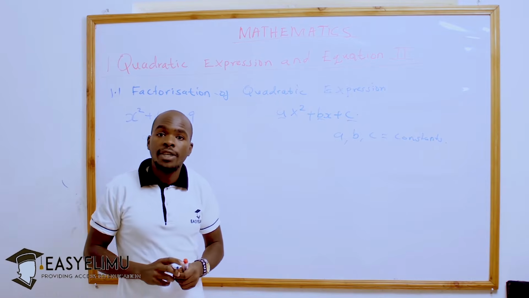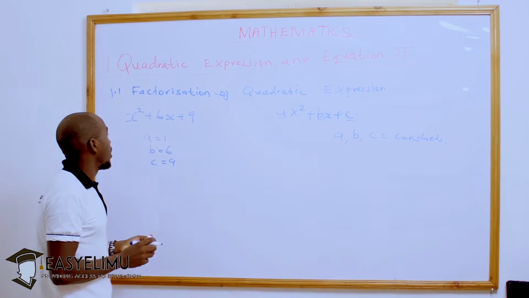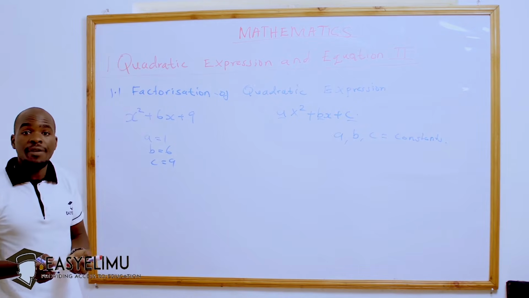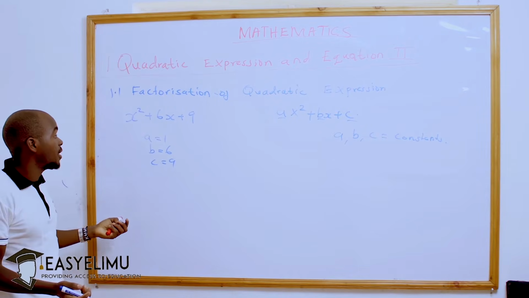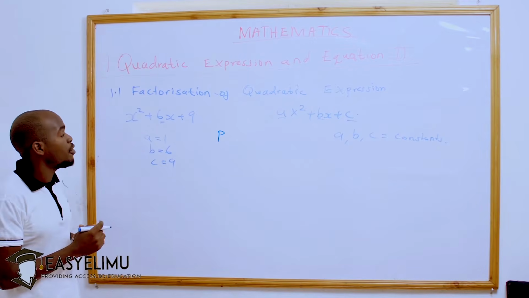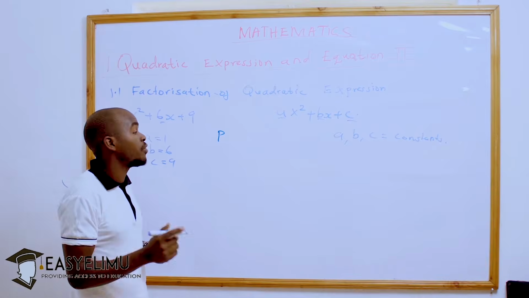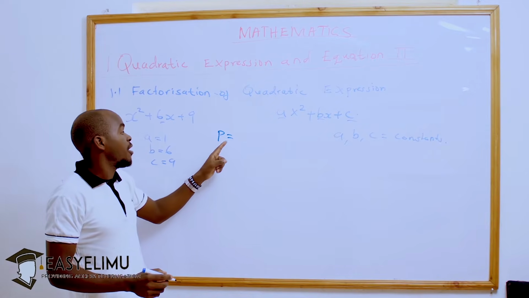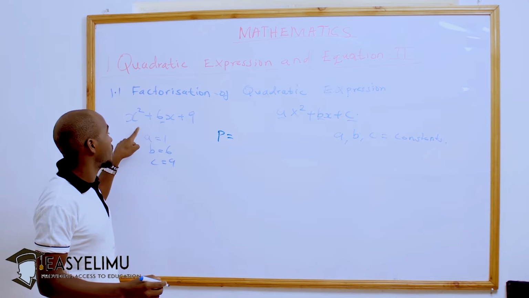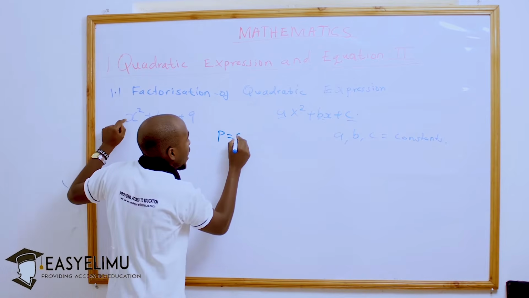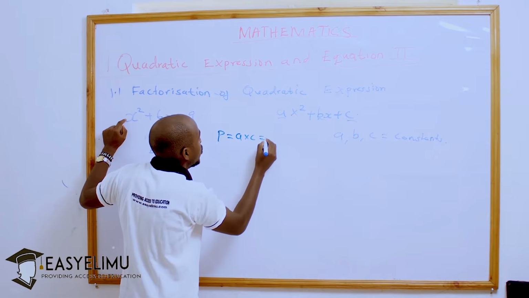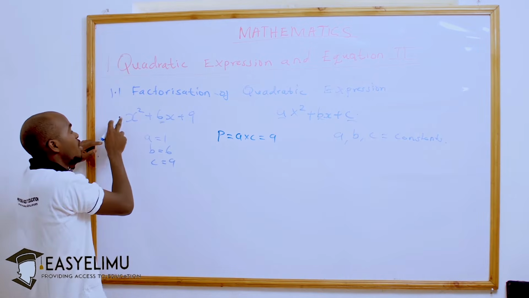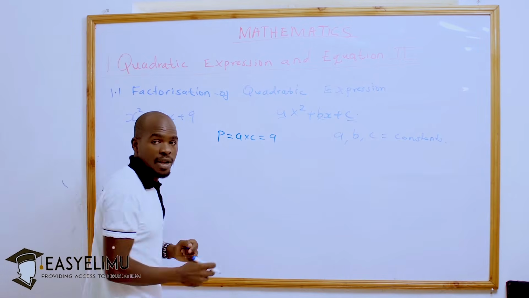From there, we can factorize this equation using different kinds of factorization. For this one, we look for two numbers. Let the product of those two numbers be represented by P. You take a multiplied by c, which is 9 multiplied by 1, and you get positive 9.